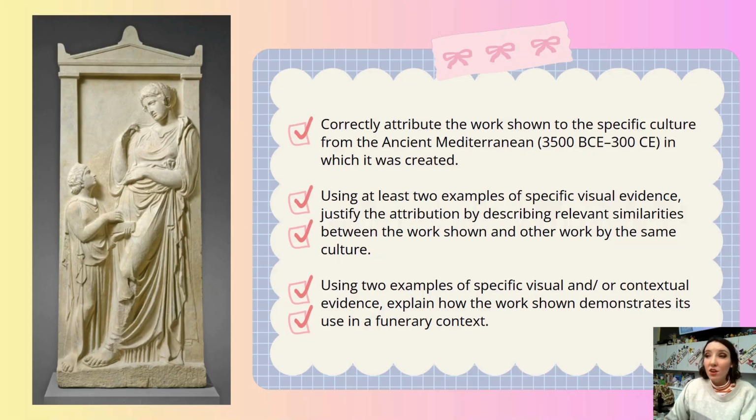So it'll look similar. So talk about the piece that it looks like. So even if you didn't know what culture this is, you're like, I recognize the piece a little bit. You can still talk about how it relates to the 250 piece to get those justification points. Last question or questions, depending on the FRQ, using two examples of specific visual and or contextual evidence, explain how the work shown demonstrates its use in a funerary context.